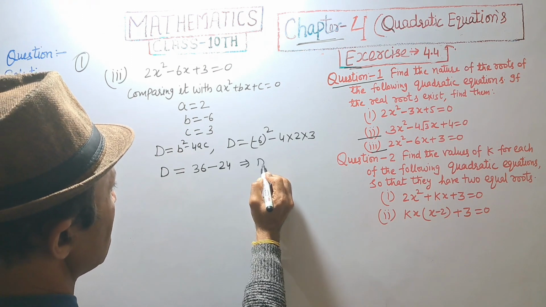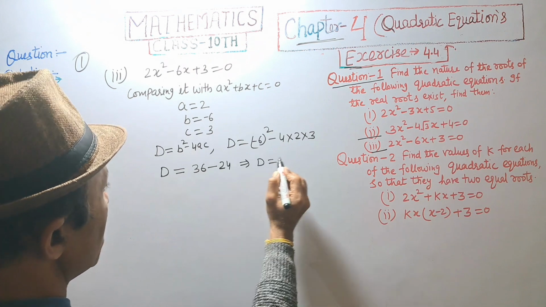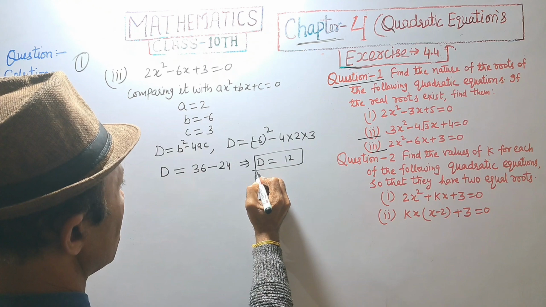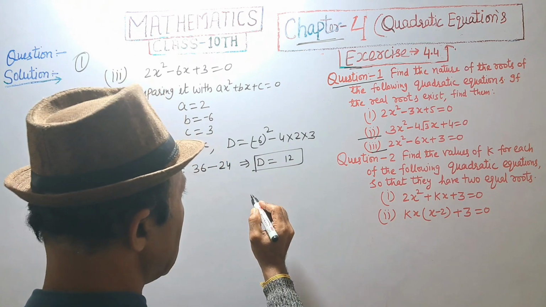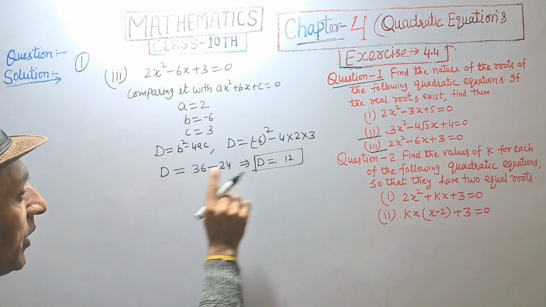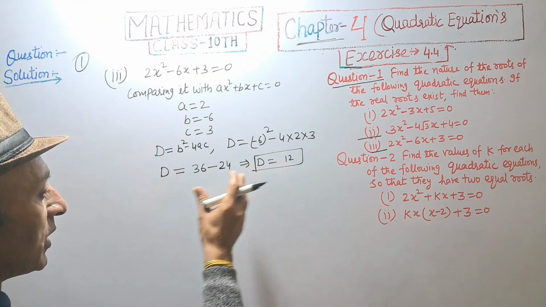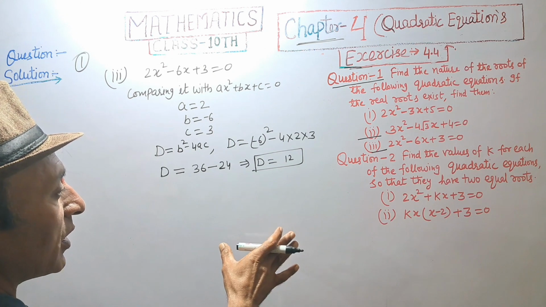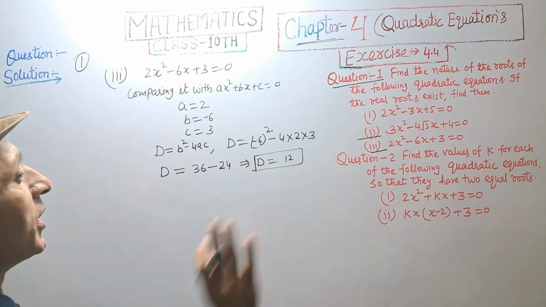This implies D is equal to 12. We get the value of discriminant D is equal to 12, and if discriminant is positive, then real roots exist and roots are unequal.